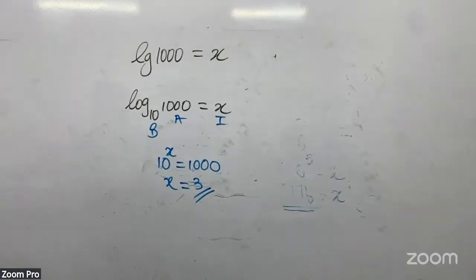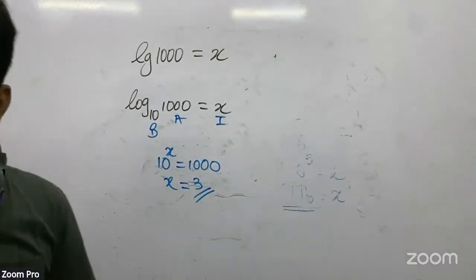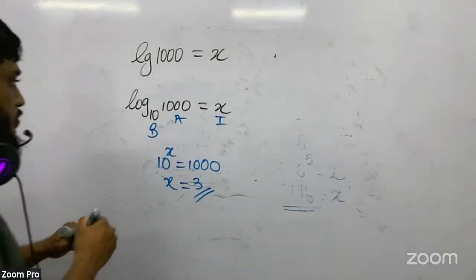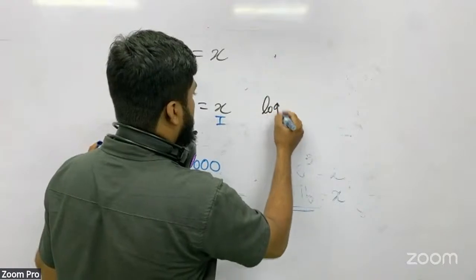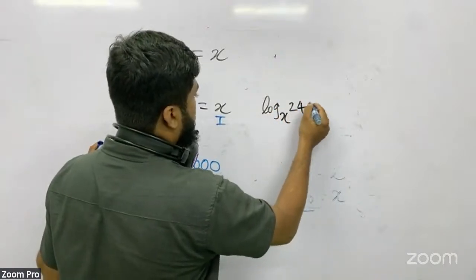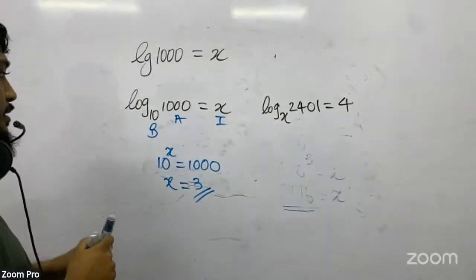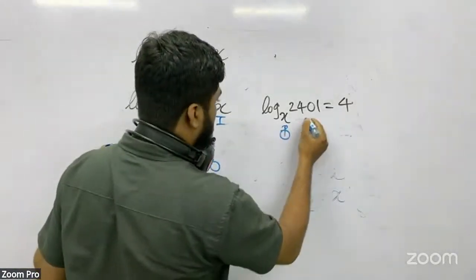Nice. Next one. Log x 2401 equal 4. Then what is this? Log by.